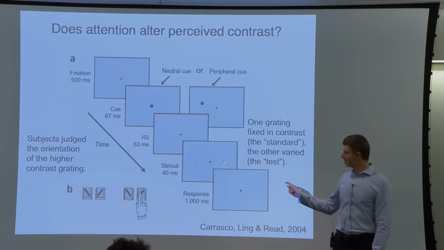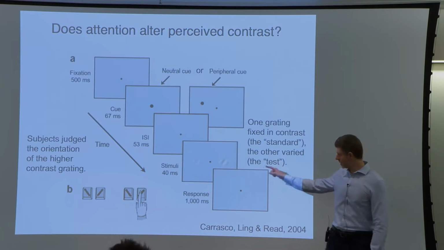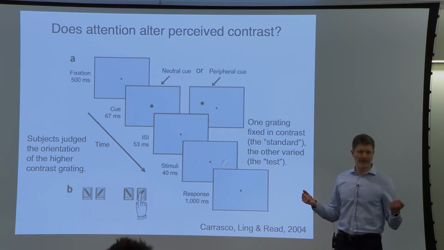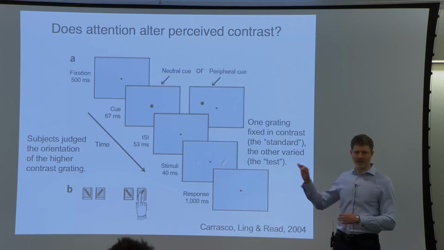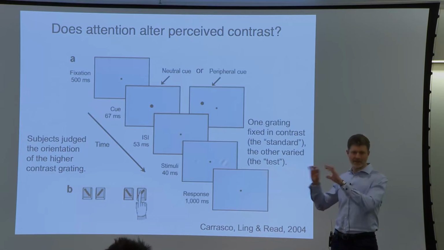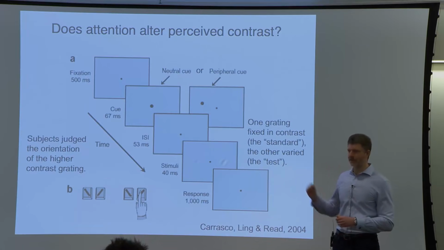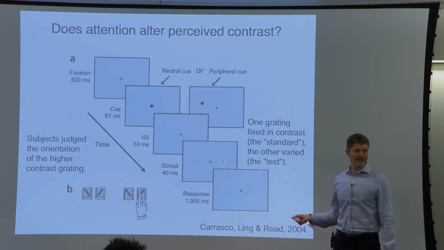So I think one reason to do this is that if the main point of the task is to actually discriminate the contrast of these two things, people are going to pay attention to both of them, right? So you'll get this cue, but then people will be dividing their attention to look at both of them, and presumably that might weaken the effect, right? So I think the reason to just have them do the orientation task is to mitigate that to some extent, right?